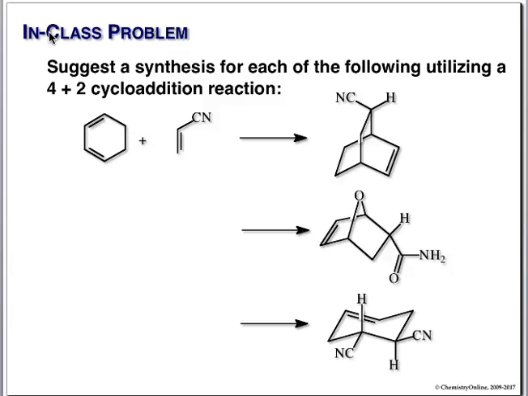Bonds that we made are these right here. So our dienophile, we have 2 hydrogens at this end, we have the amide at the other, and it's simply acrylamide.